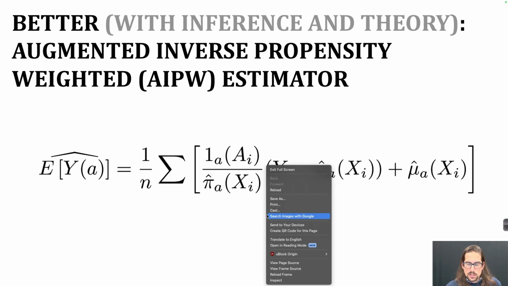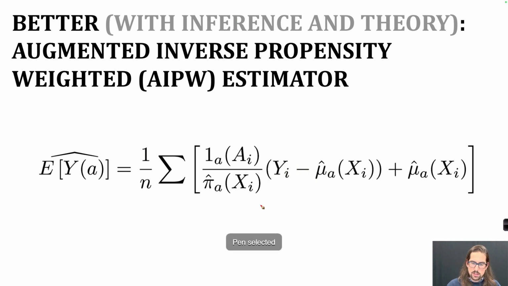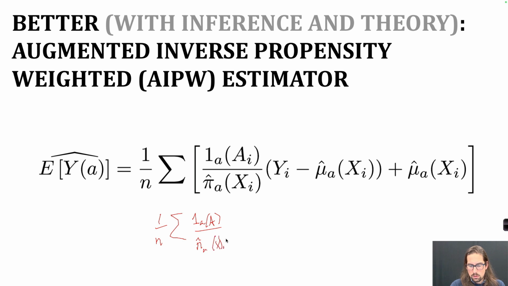The reason it is called that is that there are two ways to look at this estimator: as an augmented regression estimator, and as an augmented weighting estimator. I'm going to write it the other way so you can see. It just has to do with the terms.